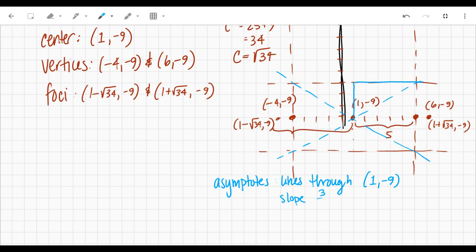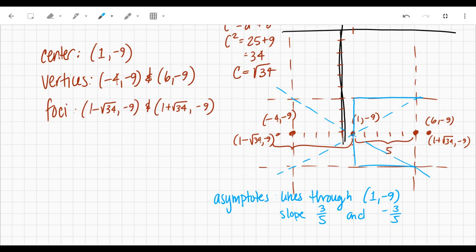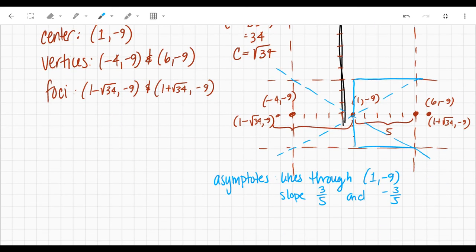Okay, so 3/5. And the other one has a slope of down 3 over 5. Okay, so it's always going to be like that, where they're opposites of each other. And it's always going to be using the A and the B.